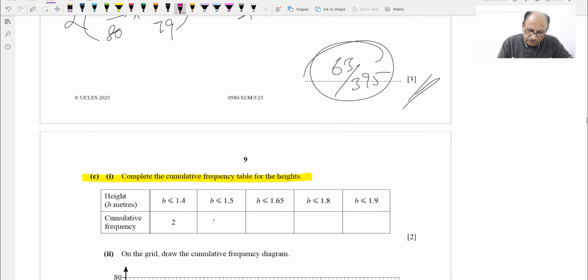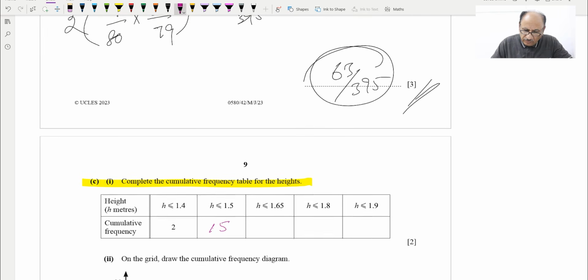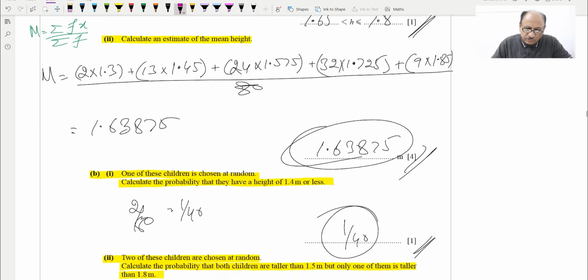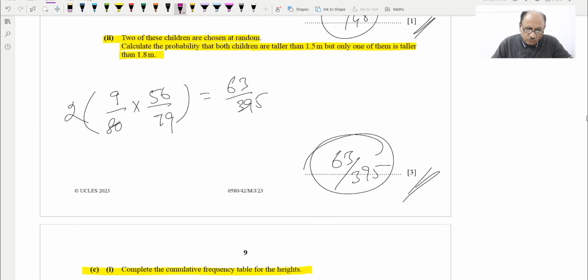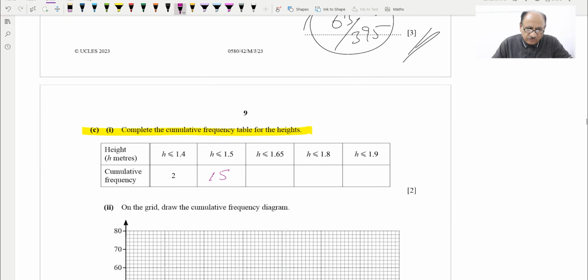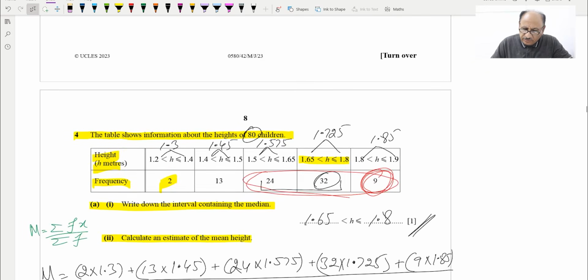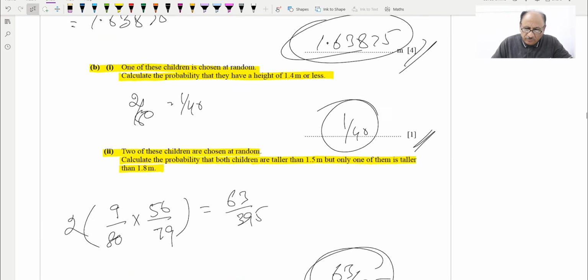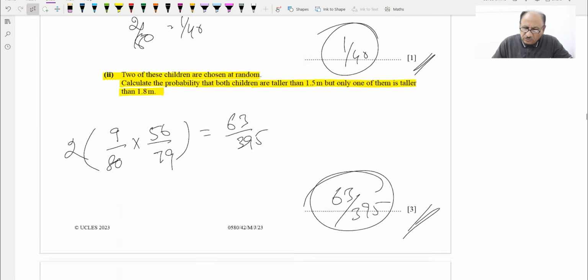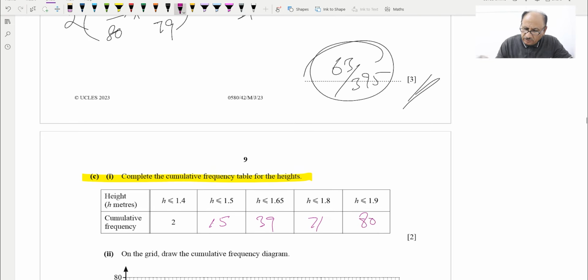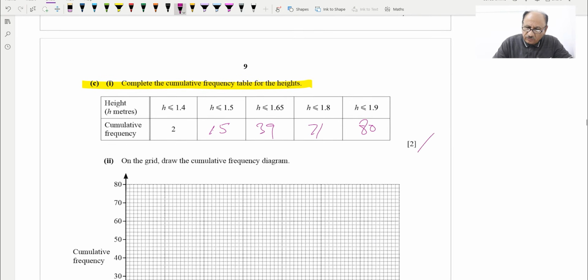Then lower than 1.65 will be 24 more, so 24 plus 15 will be 39, and then 1.8: 39 plus 32 will be 71, and the last one is 9, so 71 plus 9 will be 80. This is done for 2 marks.